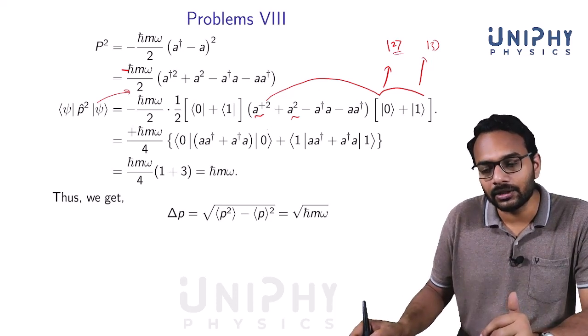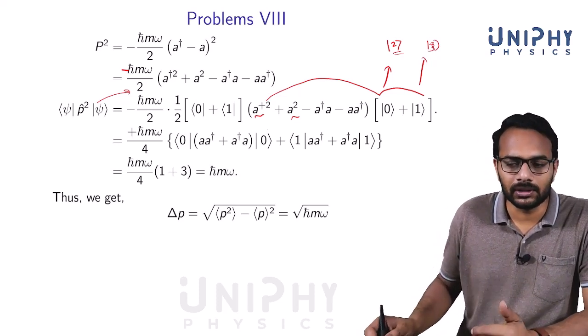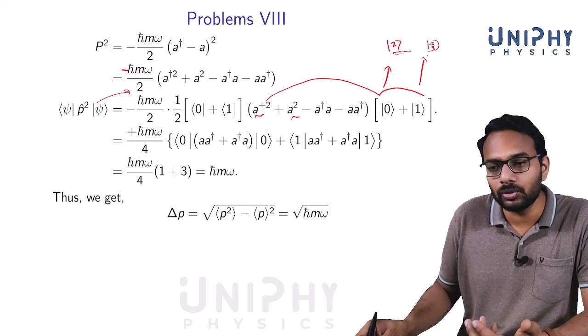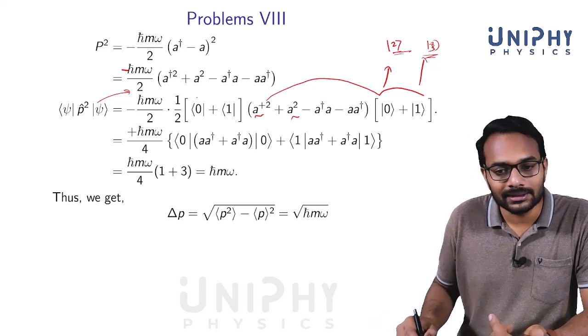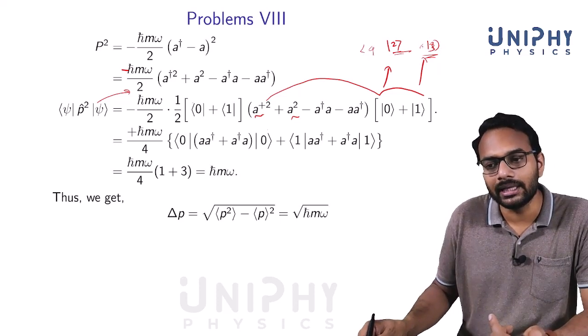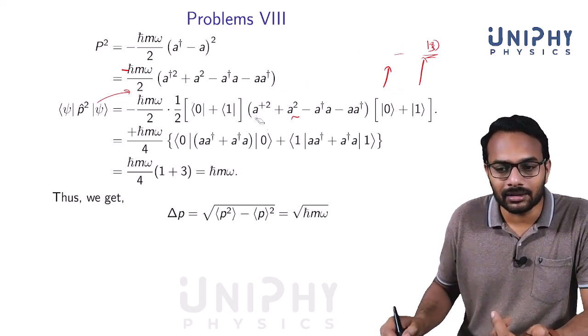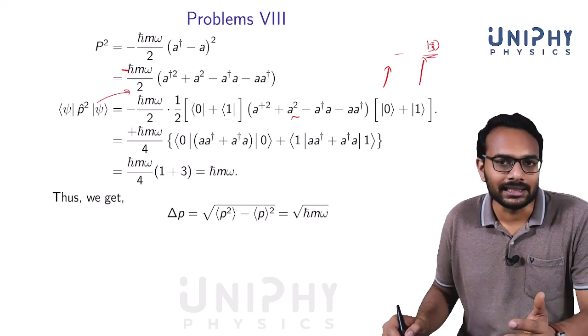Similarly, a† acting on |1⟩ twice, acting once it will take to |2⟩, acting twice it will take it to |3⟩. Let's not worry about the normalization part here, but you see that this becomes |2⟩ and |3⟩ when a†² acts. And there is nothing to combine, it will give 0. 0 with 2 is 0, 1 with 2 is 0, similarly 0 with 3 is 0, and 1 with 3 is 0. That's orthonormality. So the terms on which a†² acts will vanish in the end, so you don't have to write them down.